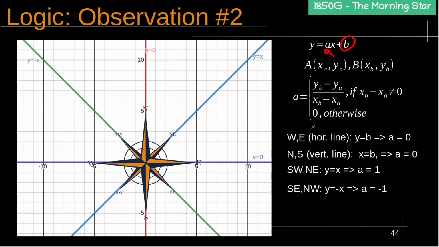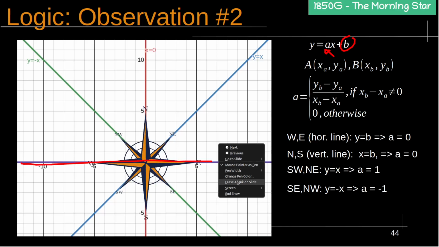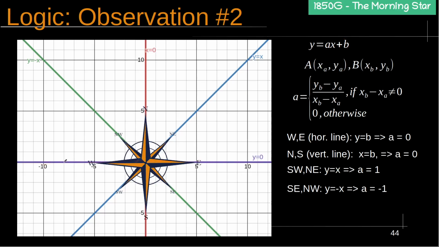Now, for example, if I have the west-east direction, this line, it is a horizontal line. It could be here or here or here or any other line.